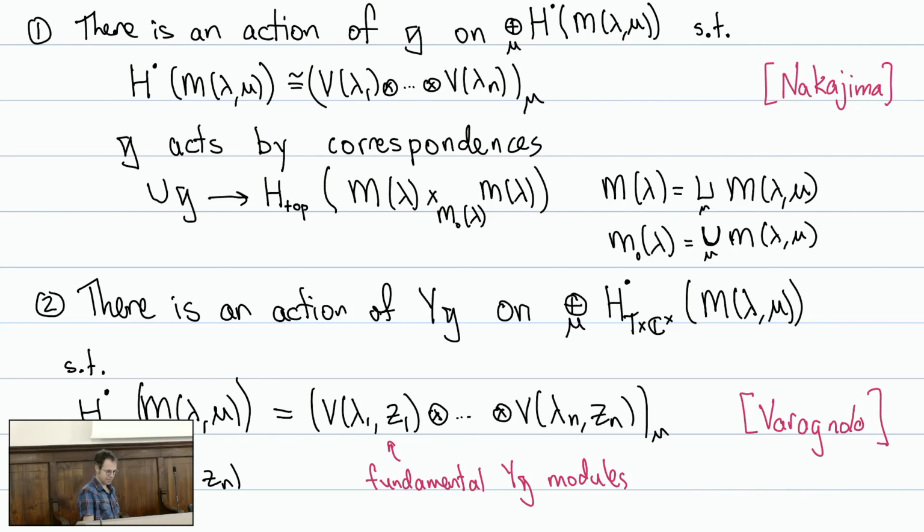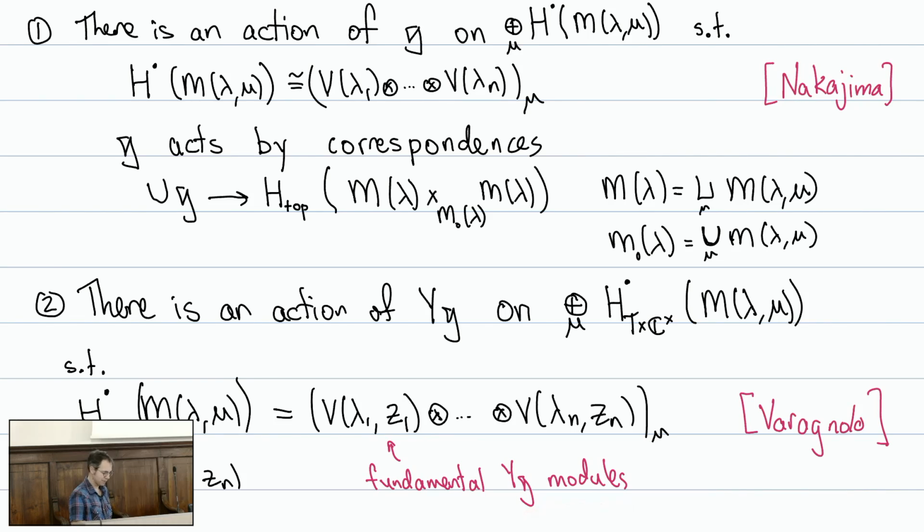But this action of G can be extended to an action of this Yangian, and it explains some features. For example, it explains a little bit what's going on with these equivariant parameters. So this Yangian of G also acts on this, now equivariant, cohomology of the quiver variety, and after specializing the equivariant parameters, we get a tensor product of fundamental modules for this Yangian.